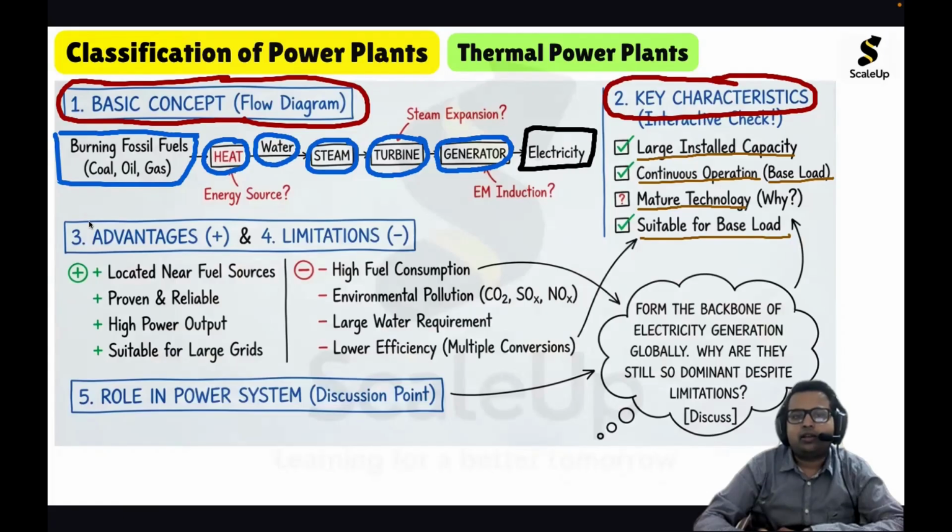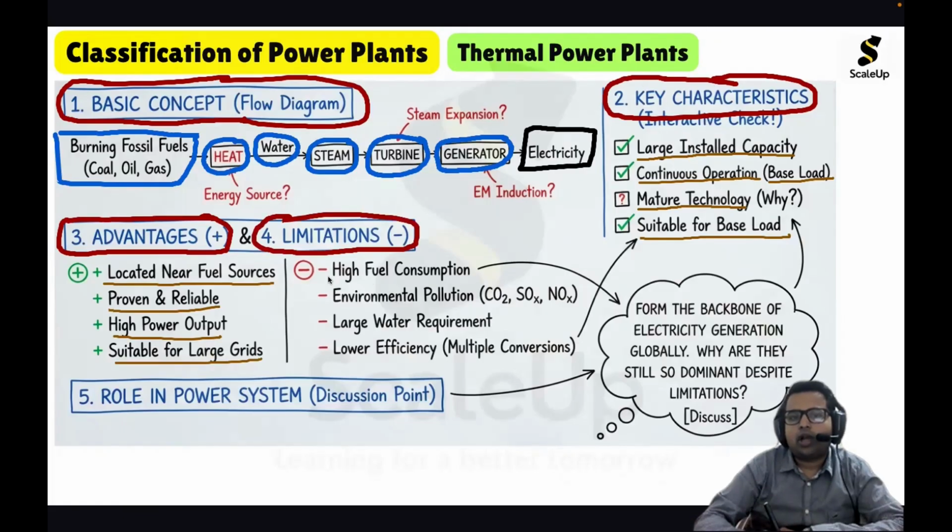Let's discuss the advantages of thermal power plants. They are located near fuel sources. They're proven and reliable, have high power output, and are suitable for large grids. And if we talk about the limitations: high fuel consumption, because in order to generate heat, we have to burn fossil fuels.